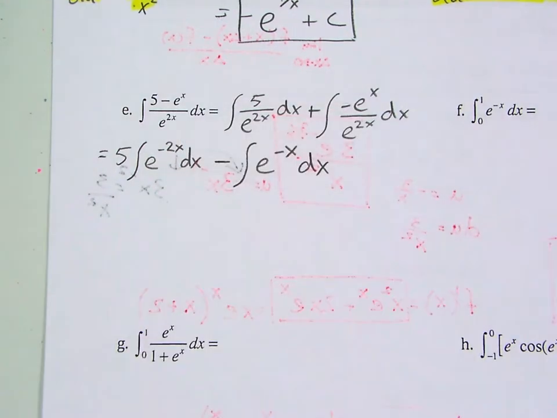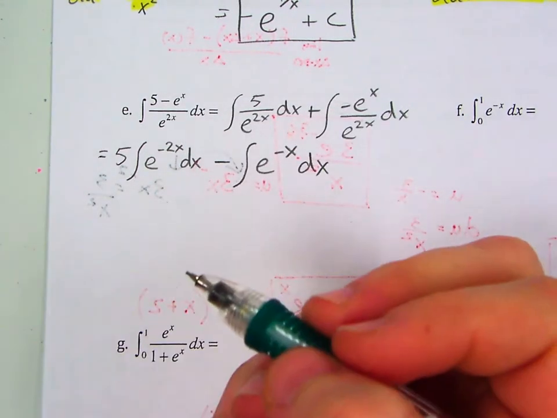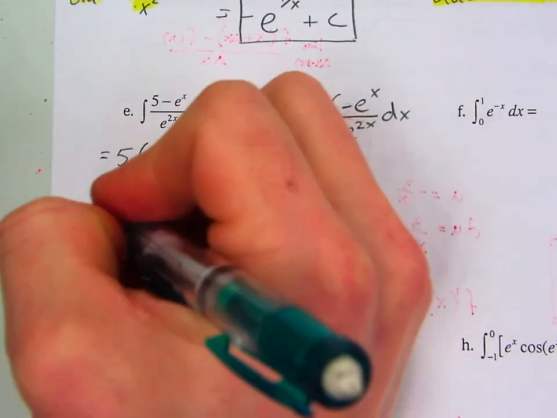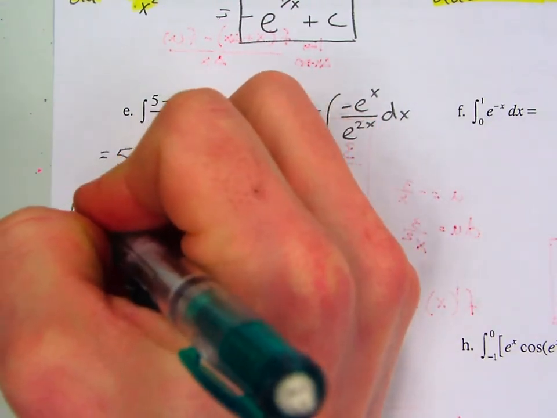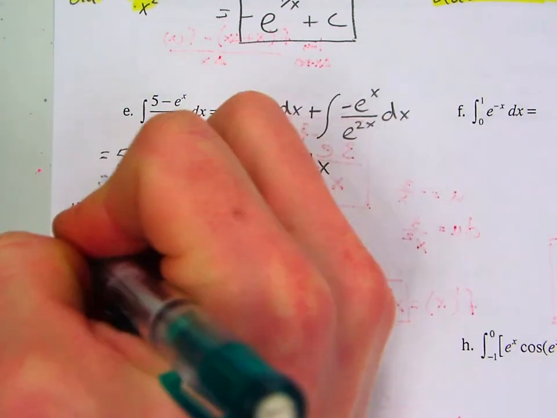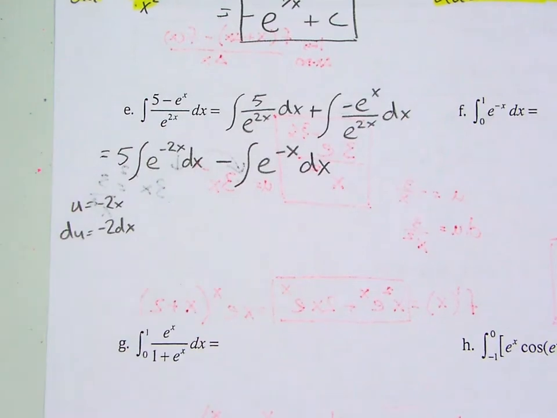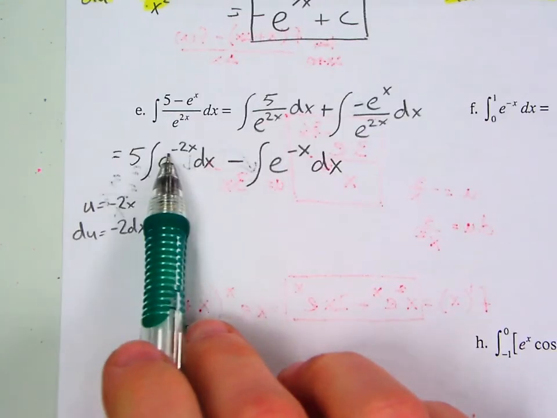So we'll just do these separately here. For the left one, u would equal negative 2x, and du would be negative 2 dx, because it's negative 2.